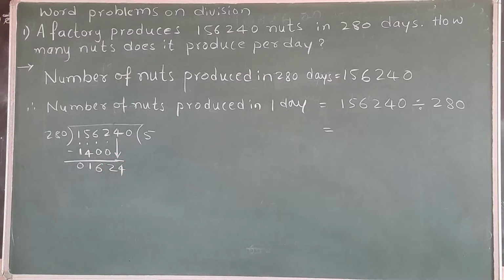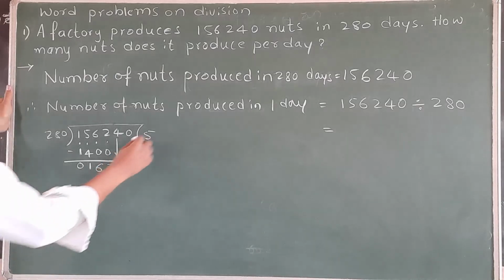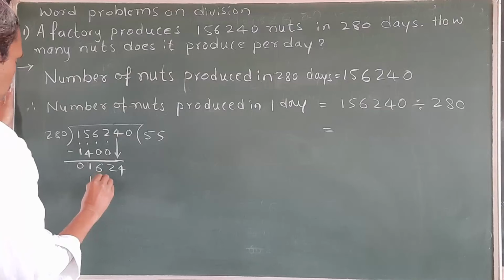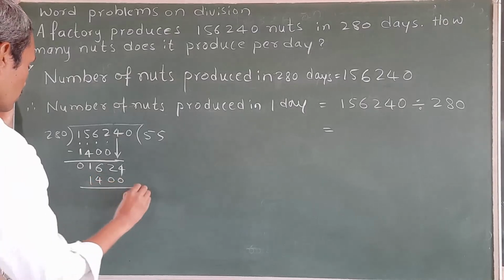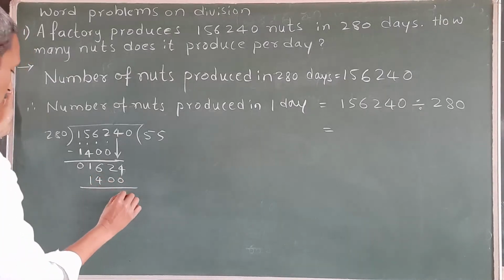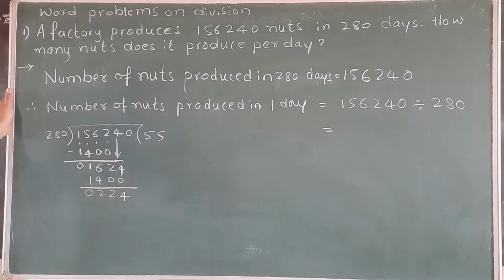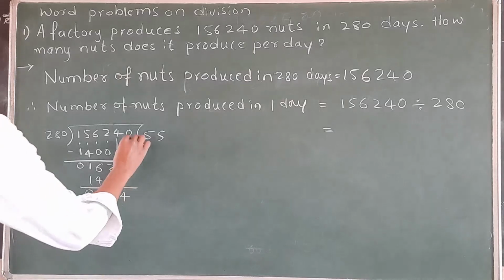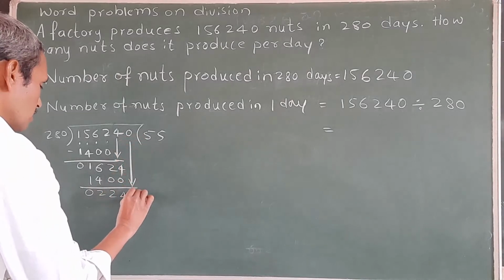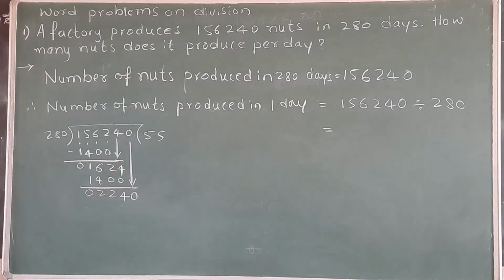Now search for 1624, which is not there. Less than 1624 is once again 1400, that is 5 times 280 is 1400. Now subtract, we get 224. So take the next digit and write here 2240.